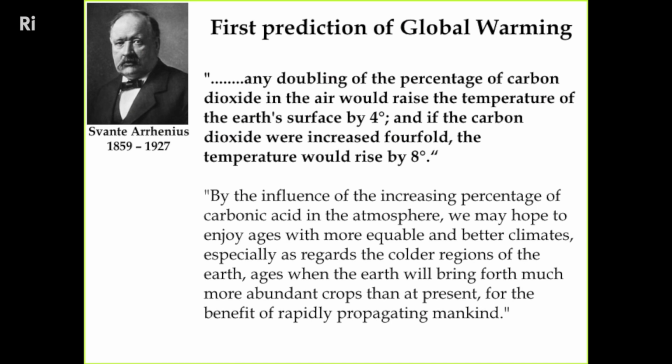But he goes on to say, by the influence of the increasing percentage of carbonic acid in the atmosphere, we may hope to enjoy ages with more equable and better climates, especially as regards the colder regions of the Earth, ages when the Earth will bring forth much more abundant crops than at present for the benefit of rapidly propagating mankind.